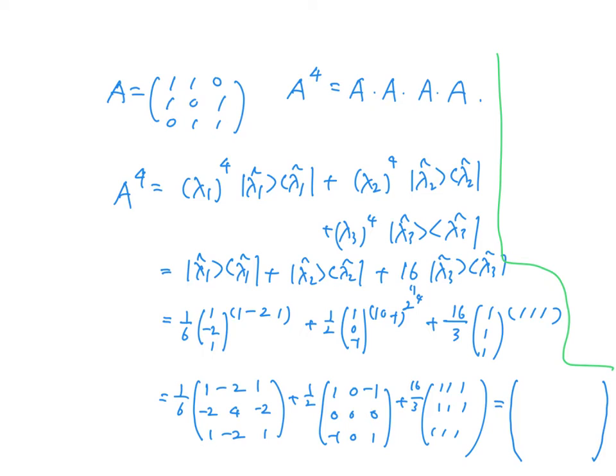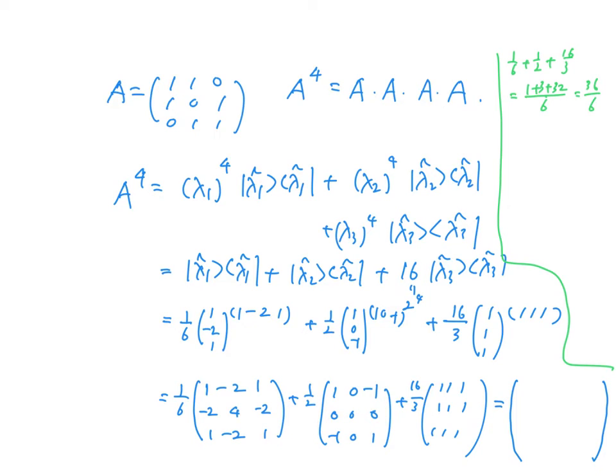So the first element is 1/6 plus 1/2 plus 16/3, which over a common denominator of 6 is 1 plus 3 plus 32, that is 36 over 6, so 6. Is it correct?